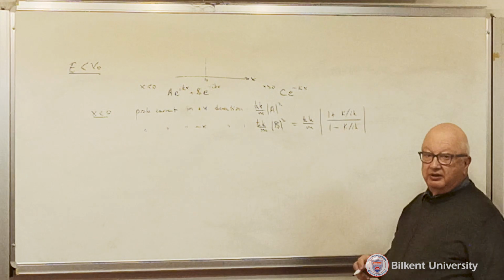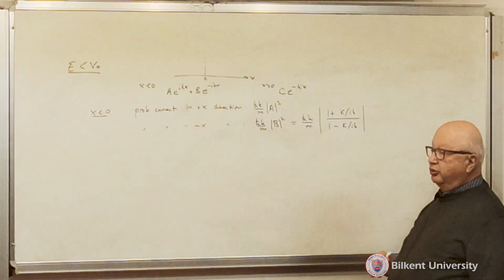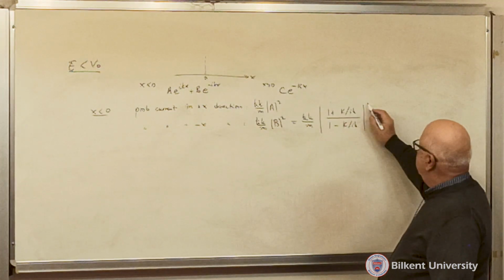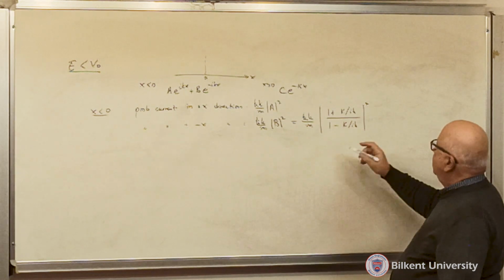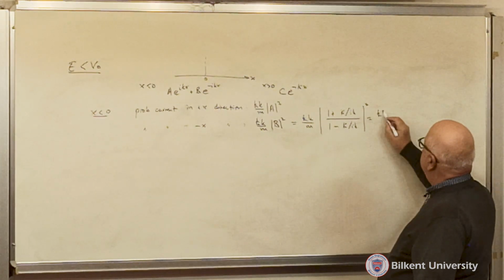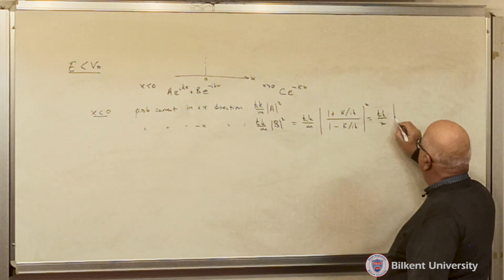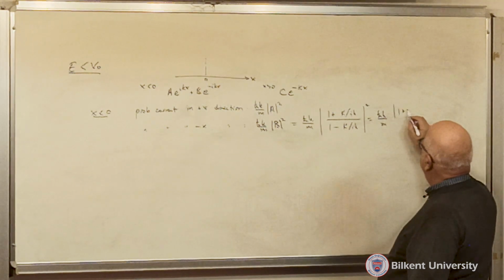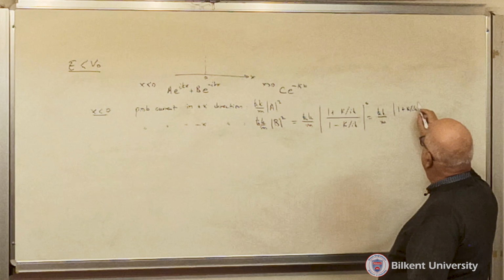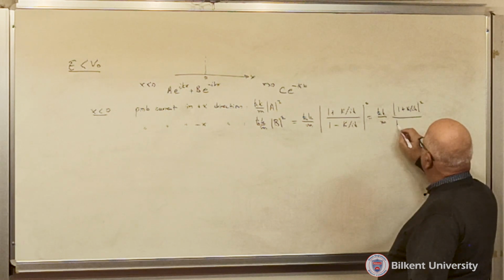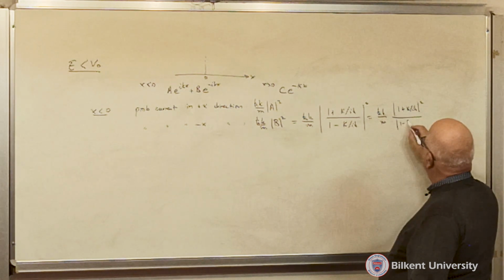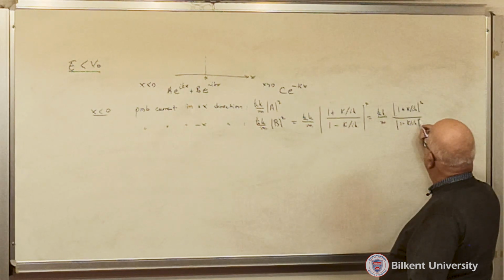But I need the magnitude squared, so I look at the magnitude squared of the numerator, 1 plus k over ik, and of the denominator, 1 minus k over ik.